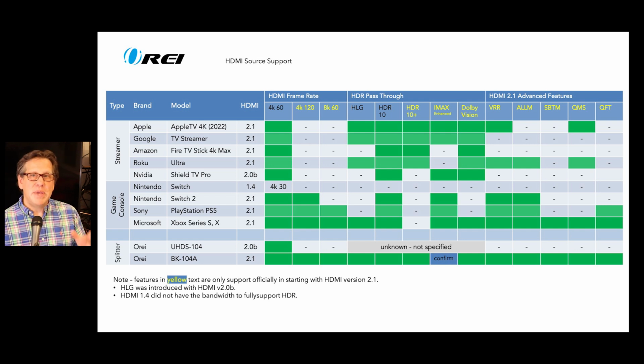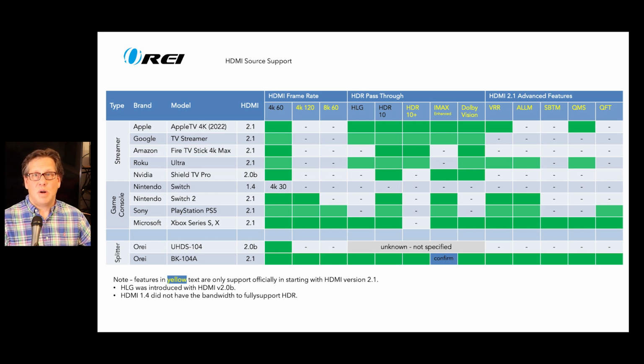But now you look at the BK-104, anything in that BK series, it's going to support across the board. The only thing they don't list on their website or their manuals is support for IMAX Enhanced. Now, we know that IMAX Enhanced rides on HDR10 Plus. If it's passing through HDR10 Plus, I'm thinking chances are it will also pass through IMAX Enhanced.